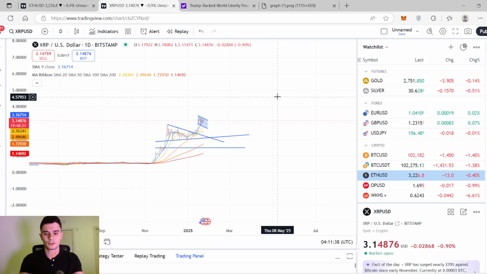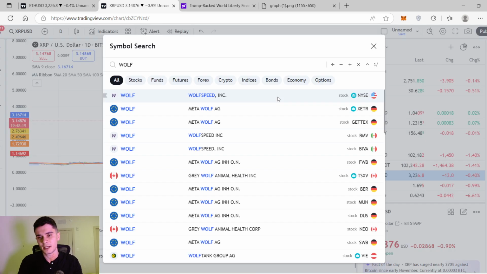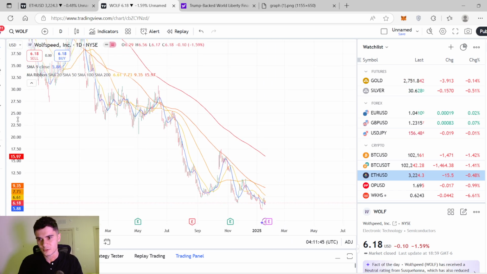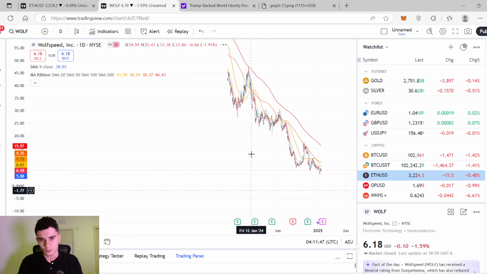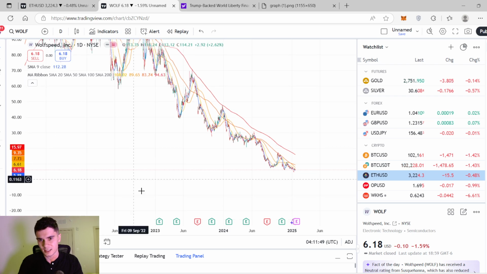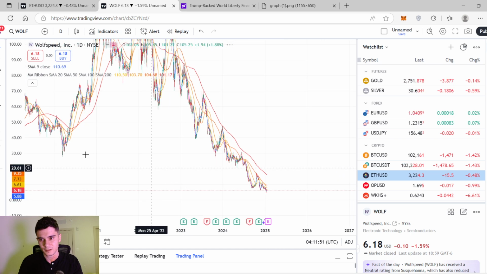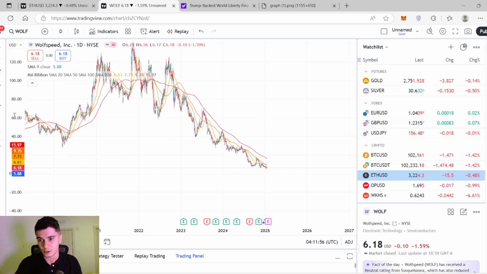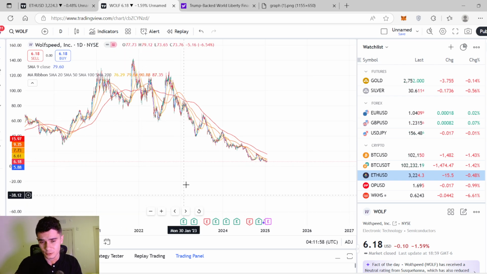I wanted to show you one stock that I recently saw, and it's called Wolfspeed. Basically, Wolfspeed is a company that makes next generation semiconductors made of silicon carbide, not regular silicon.